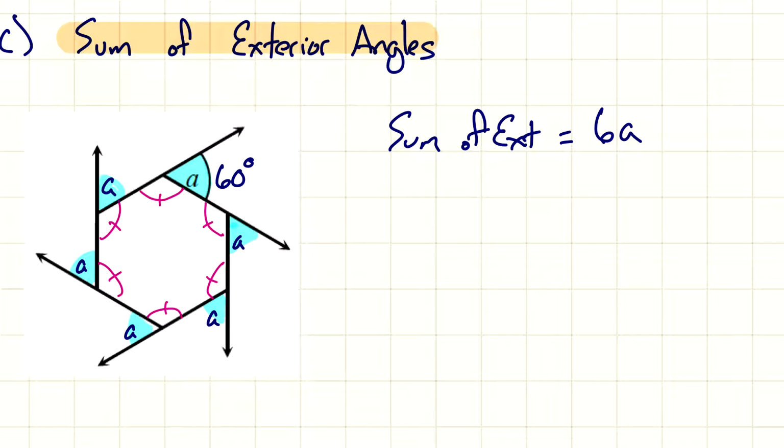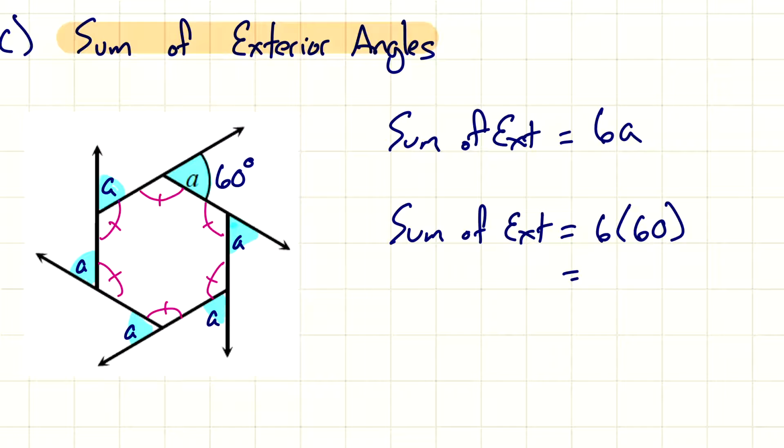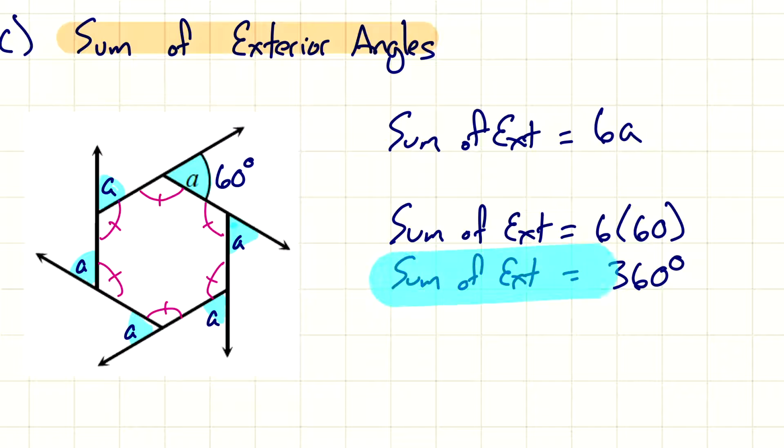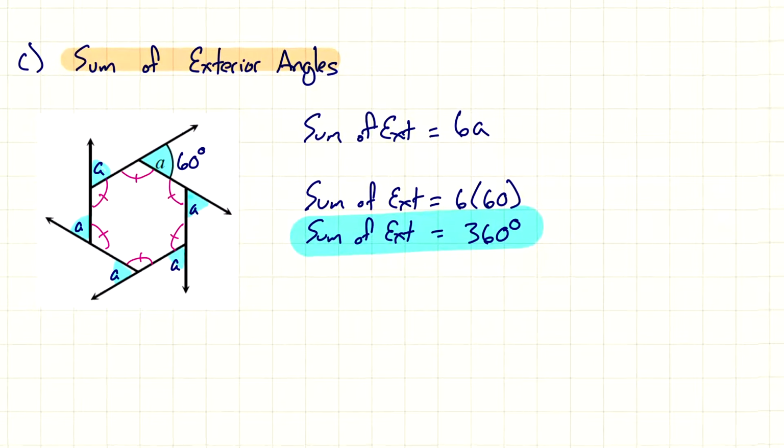Or A plus A plus A plus A. Well, we already know what A is equal to. So the sum of the exterior is going to equal 6 times 60, which equals 360 degrees. All right, which is pretty easy. All we had to do was multiply times 6.